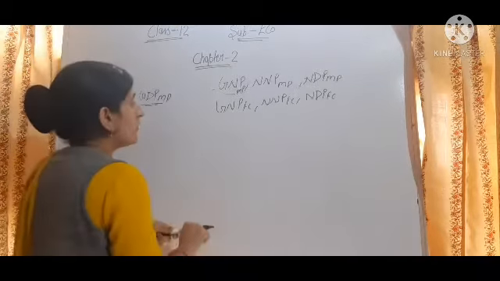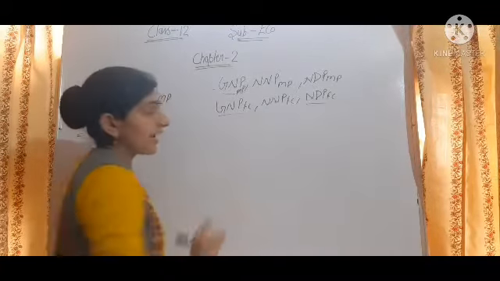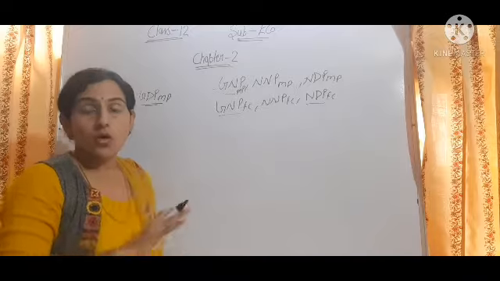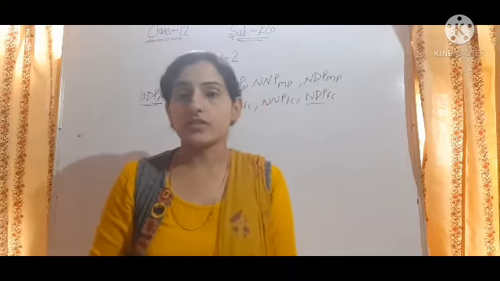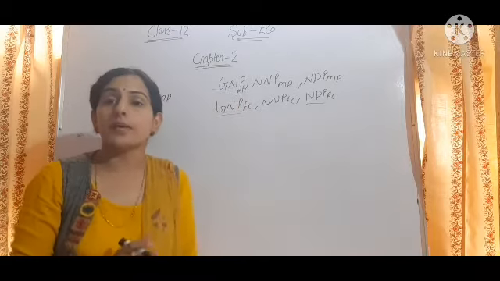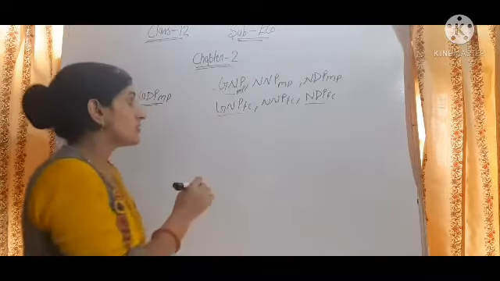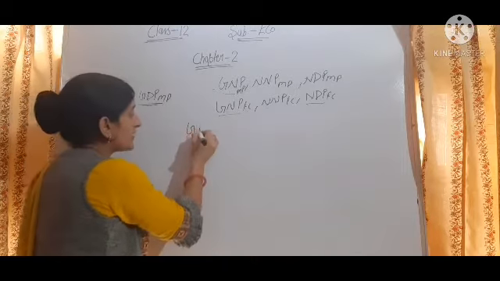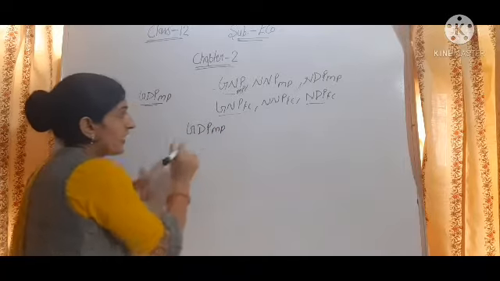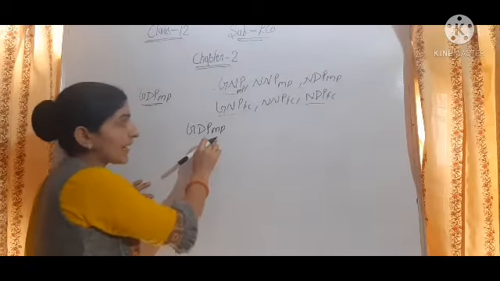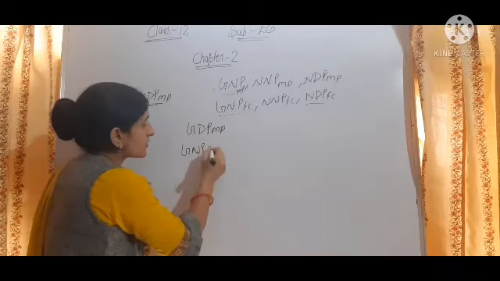Now we have GNP at factor cost, NNP at factor cost, NDP at factor cost. All those formulas, net factor income from abroad and depreciation, will remain the same. Only what changes is the factor. So for example, we have given GDP at market price, and we have to convert this GDP at market price to GNP at factor cost.